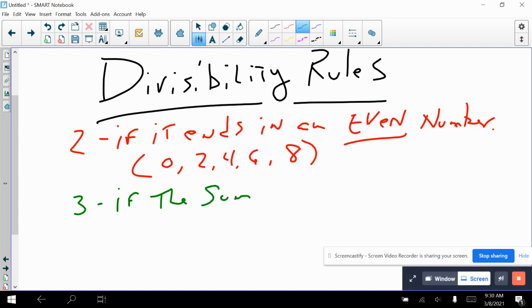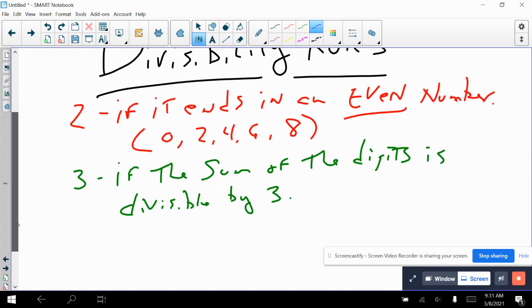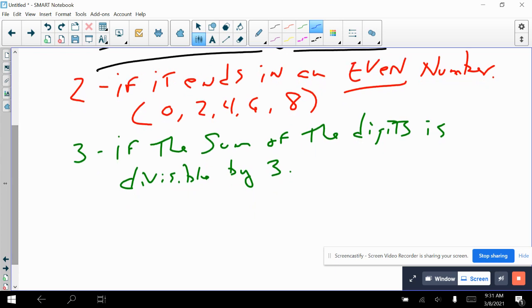If the sum of the digits is divisible by 3, now, what do you think the key words are in that definition, Andy?